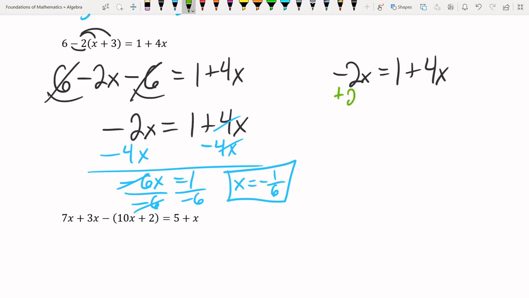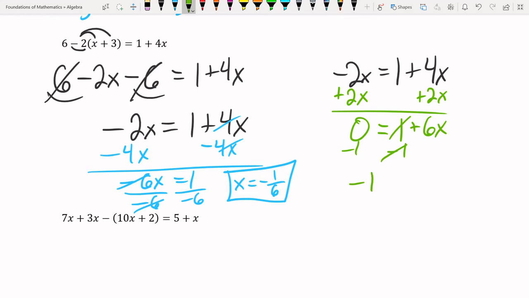I'm going to add 2x on this side, just doing this as a different way. We have 4x plus 2x is 6x. Now we have to subtract 1. That's the two-step equation, right? That's the method that you do it. So 1 minus 1 is 0. We get negative 1 equals, because 0 minus 1 is negative 1, right? So negative 1 equals 6x.